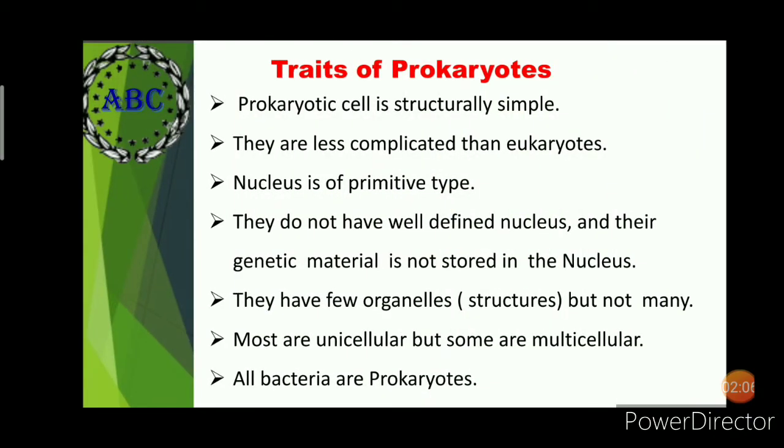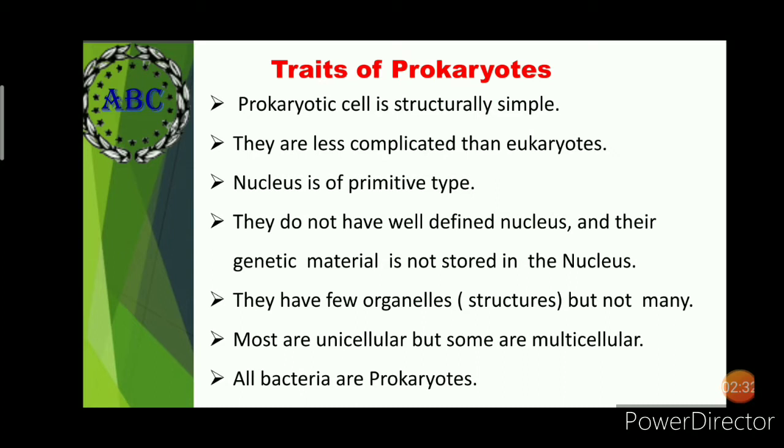These are some traits or characteristics of prokaryotes. A prokaryotic cell is structurally very simple and less complicated than eukaryotes. The nucleus is of primitive type. They do not have a well-defined nucleus, and their genetic material is not stored in a nucleus but is scattered within the cell.